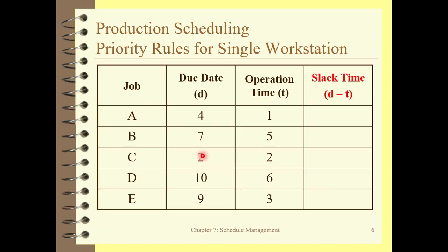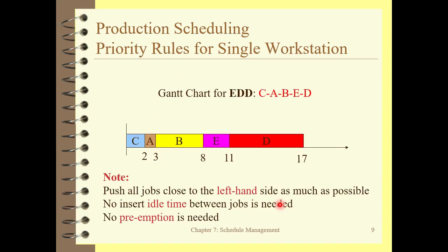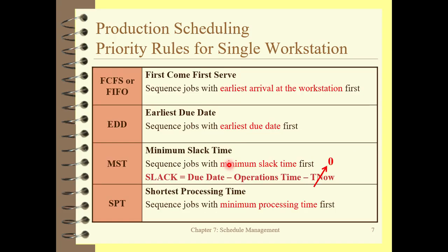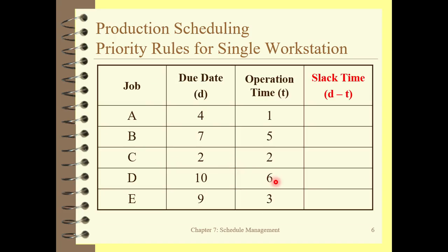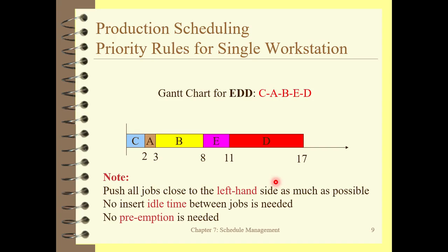And E requires 3. 8 plus 3 is 11. And D requires 6. 6 plus 11 is 17. Okay, so this is the Gantt chart for EDD.